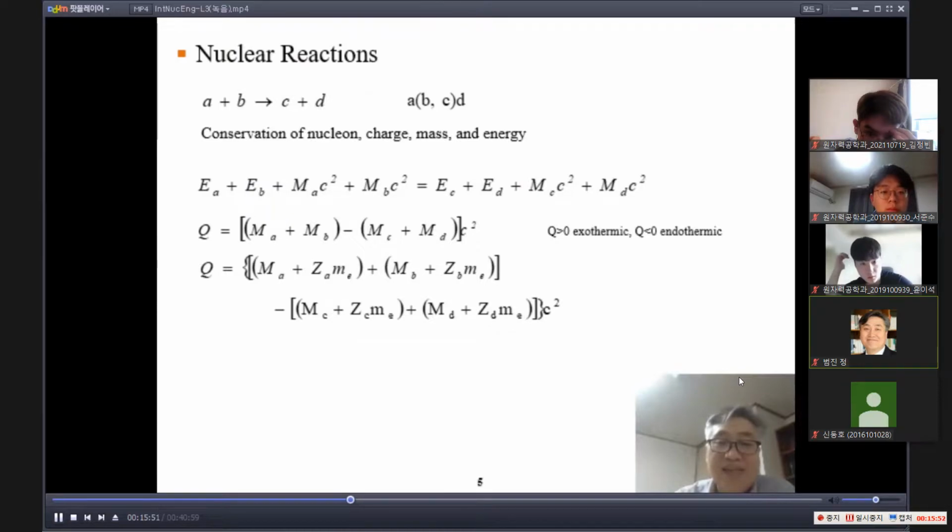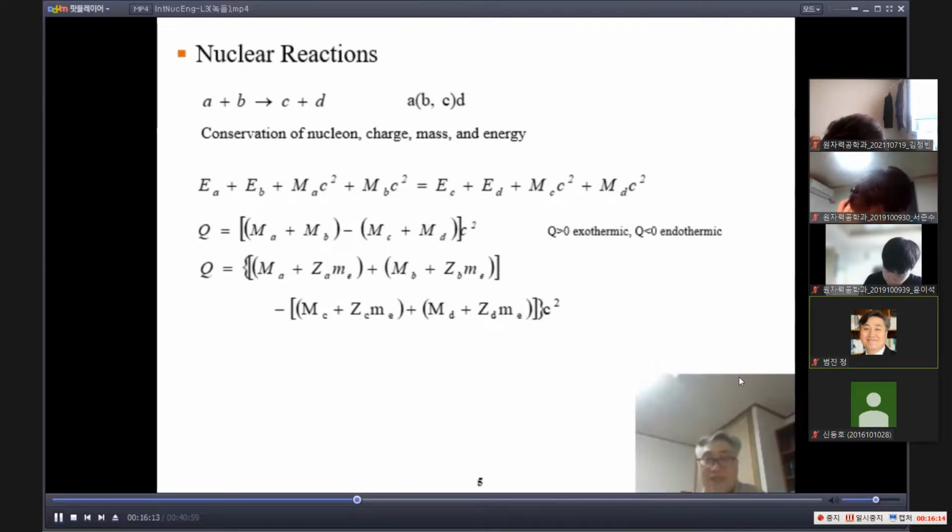Now we can calculate the Q value. In this calculation of Q value, we consider the rest energy only. So MA plus MB is the original rest energy, and MC plus MD is the product rest energy, multiplied by C square. So if Q is larger than 0, that means the mass of A plus B is heavier than the mass of C plus D, right?